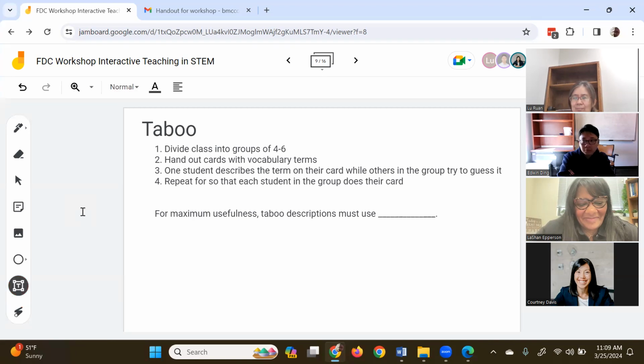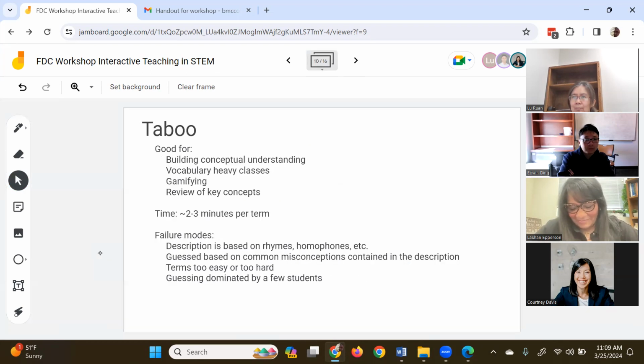For maximum usefulness, taboo descriptions must use terminology from the discipline. So if, for example, LaShawn had said, the guy who is the boss of the elementary school, we could guess it that way, but it's not going to be really engaging with the discipline in the way that we want. So good, thank you for playing along.